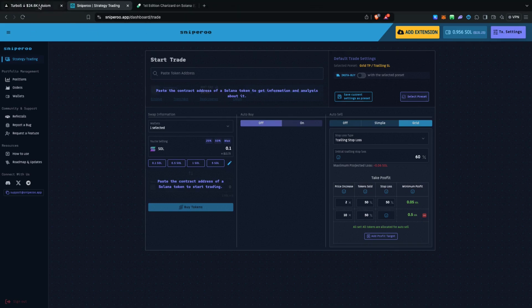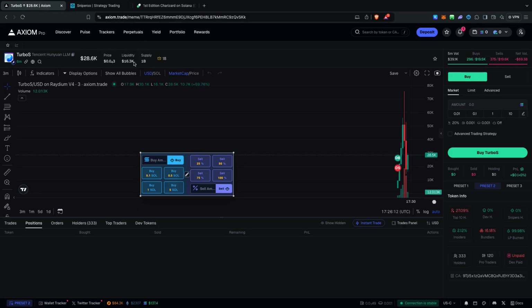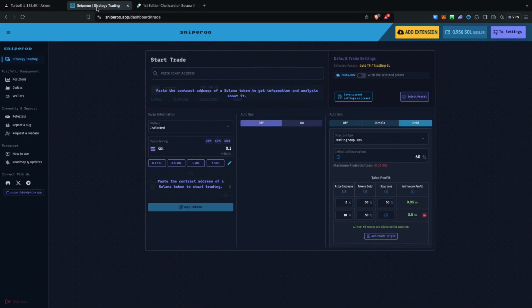None of these platforms, Axiom, BullX, Photon, has such sophisticated auto sell features. The reason why I'm in love with Sniperoo is that the auto sell features prevent you from experiencing rugs. If you are tired of being rug pulled, you better use Sniperoo, because Sniperoo makes it impossible.